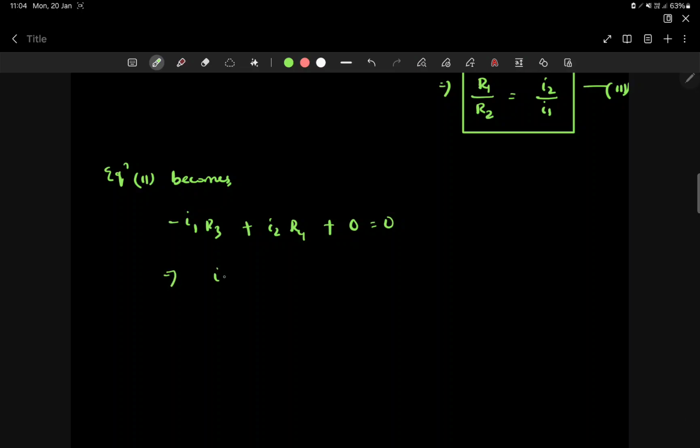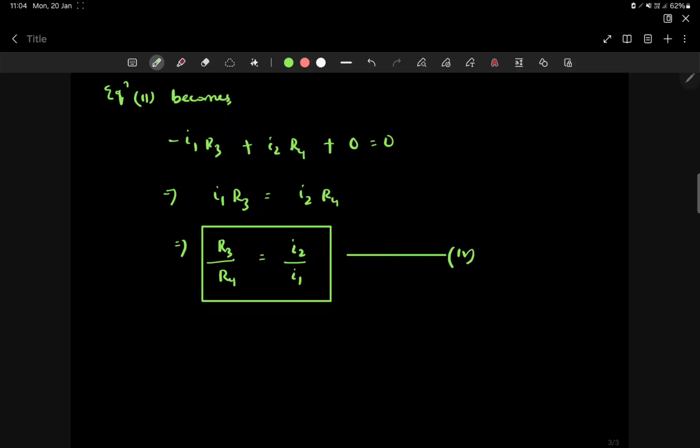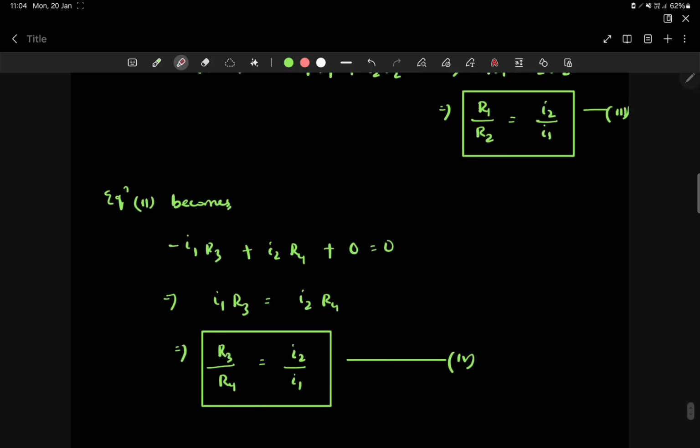That means I1 R3 is equal to I2 R4, so we can write R3 by R4 is equal to I2 by I1. Okay, this is our equation 4.